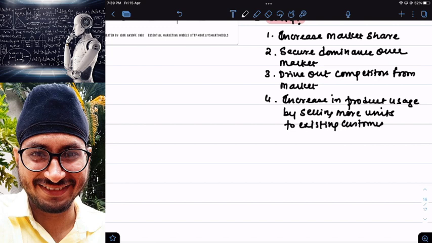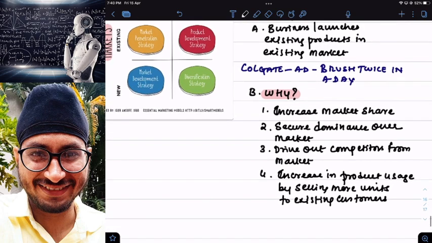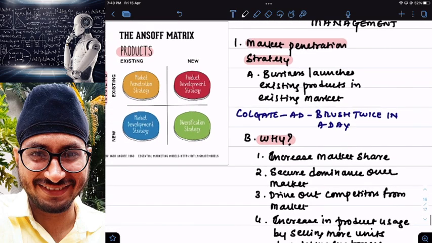Clear? So I want not only new customers to buy my product, I want existing customers also to buy more of my product, so that new customers are buying, existing customers are buying, sales are increasing. Because of which I will be able to penetrate into market. That is which strategy, sir? Market penetration strategy.